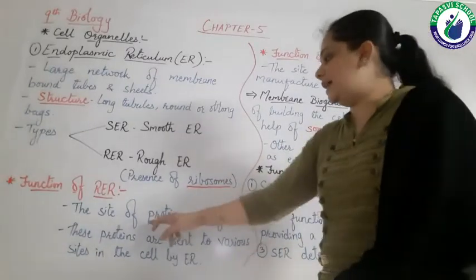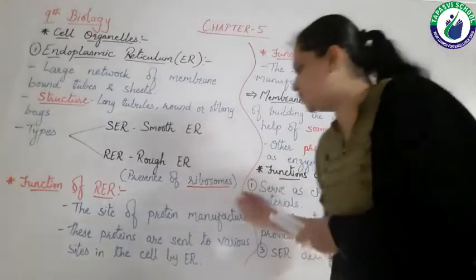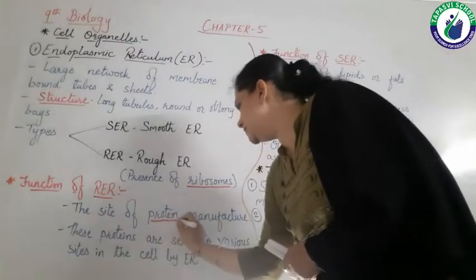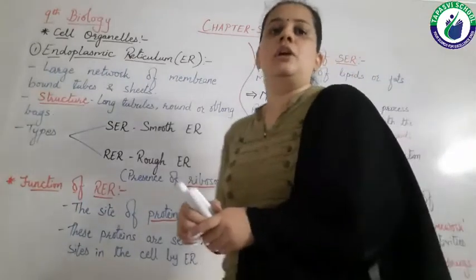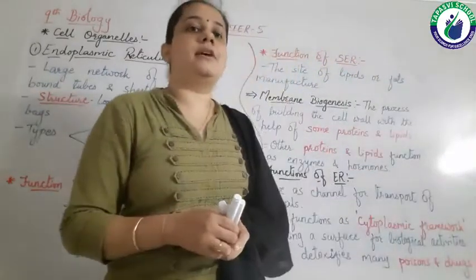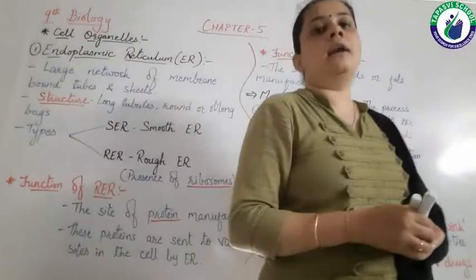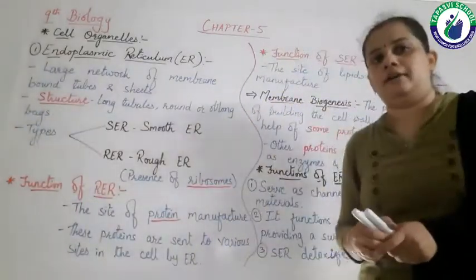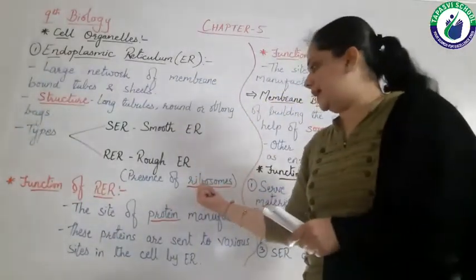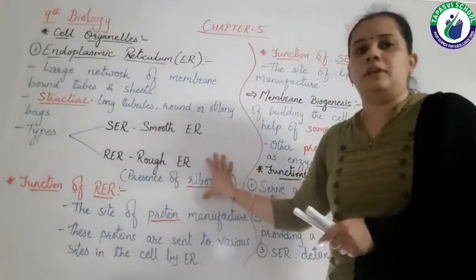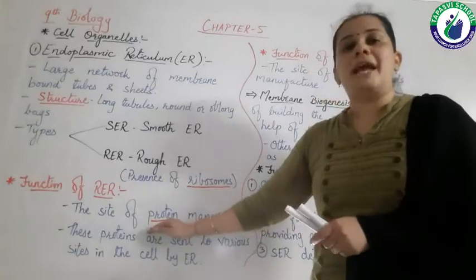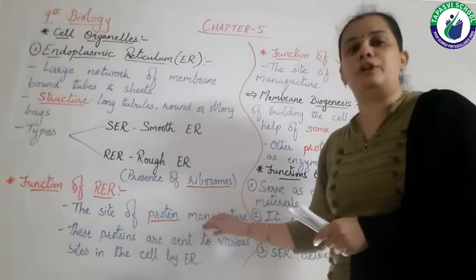It is the site of protein manufacture. This means in the cell, the proteins are produced on the surface of rough ER. Ribosomes are there on the rough ER, and these ribosomes manufacture the proteins.